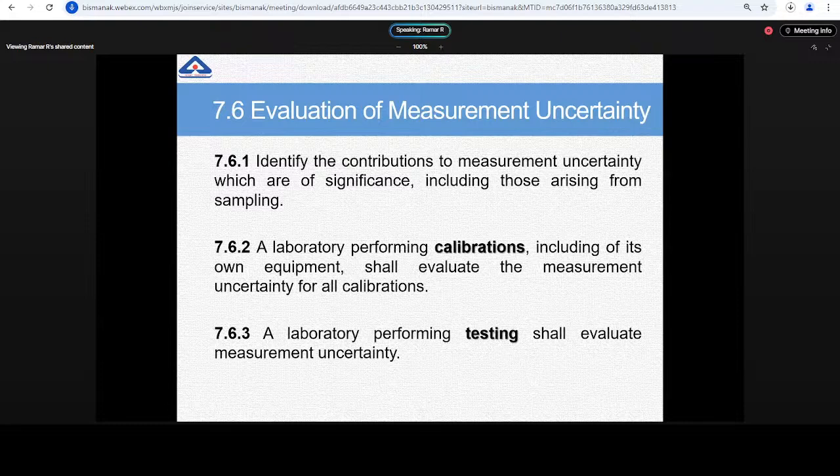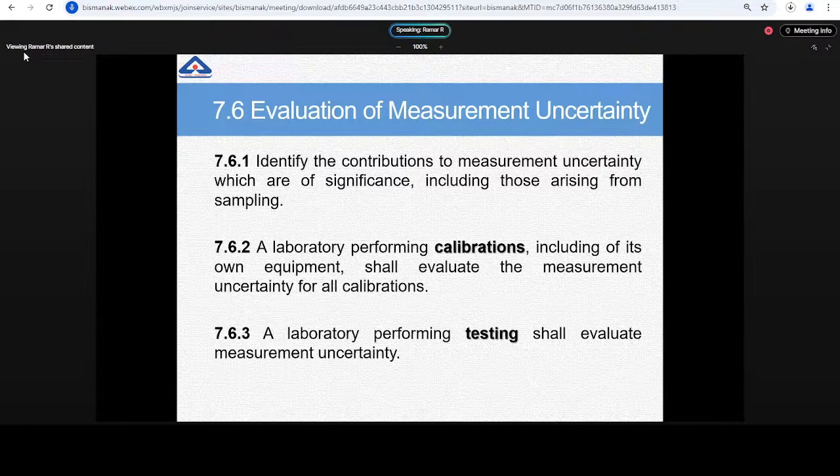And from the formula, you can identify various contributing components by using the fishbone diagram. You can identify so many contributing components. And by identifying the different components, you can classify them as type A or type B, based on whether it is random or systematic.